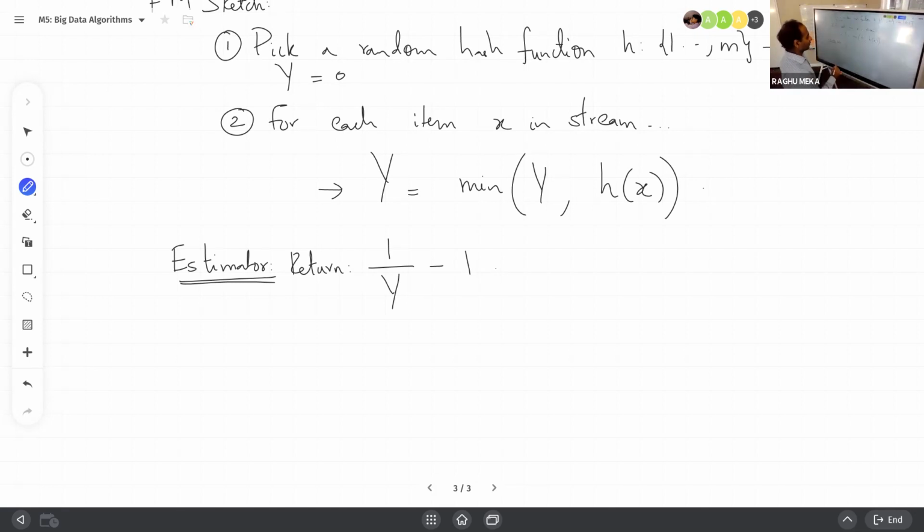Okay, so this is kind of version 1.0. We'll refine this in a little bit.